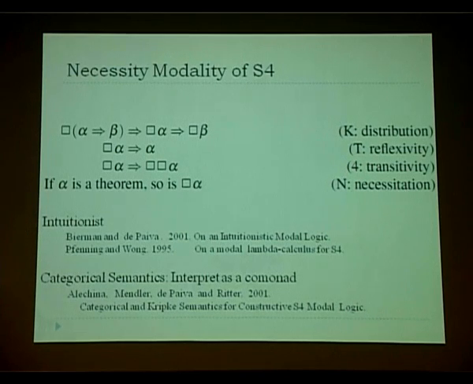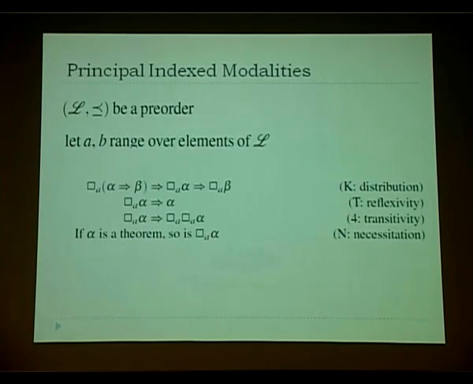So that's the general context. In particular, what I'm going to be looking at is an indexed version of this calculus. My indices are going to be picked up from some preorder. I'm going to give you some examples in a minute. And the idea is that for each element of the preorder, I have an associated box modality. So for example, for A, I have box A, which satisfies the box axioms.